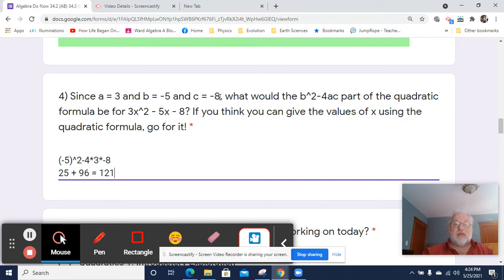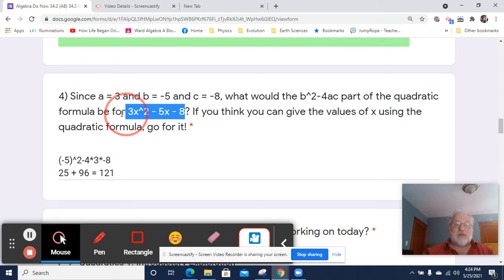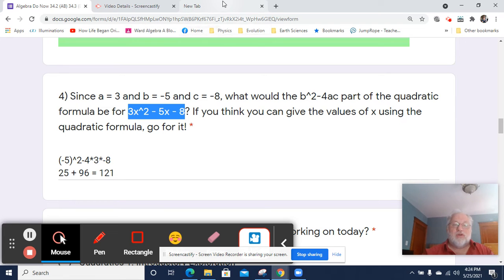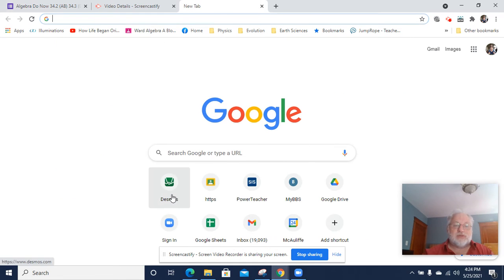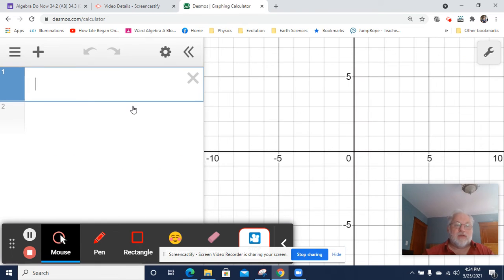I'm going to grab the numbers here. Actually, I'll just grab the equation. And we're going to take that equation over for a little stroll to Desmos graphing calculator.